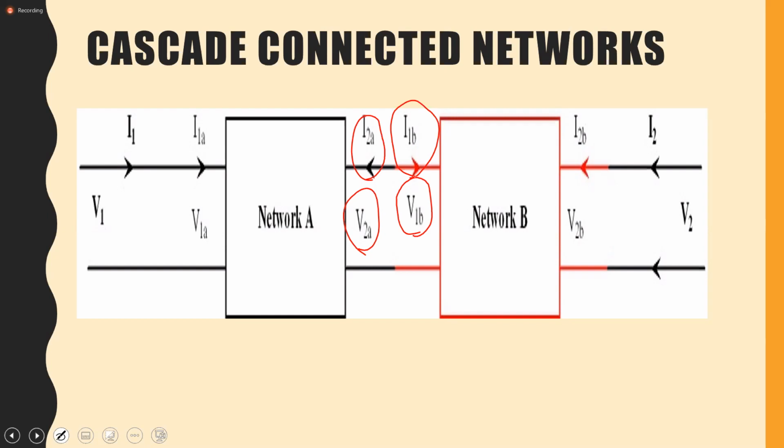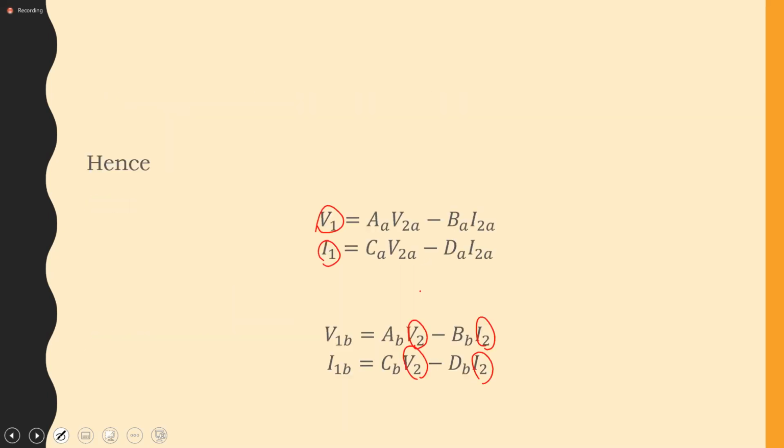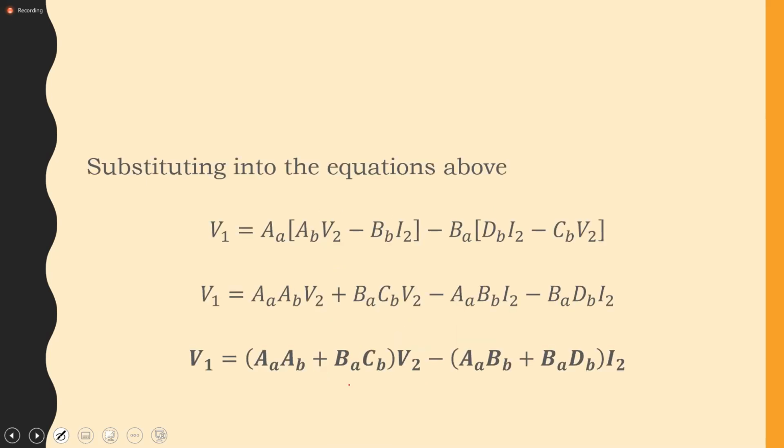All right? So let's go back now. So these are the substitutions that we are going to focus on. All right? So remember we said that V2A was equal to V1B, and that I2A was equal to minus I1B. All right? Good. So making those substitutions, we end up with this.